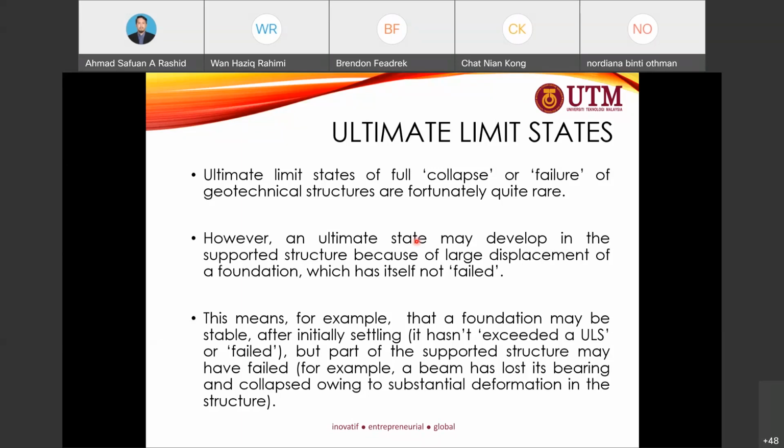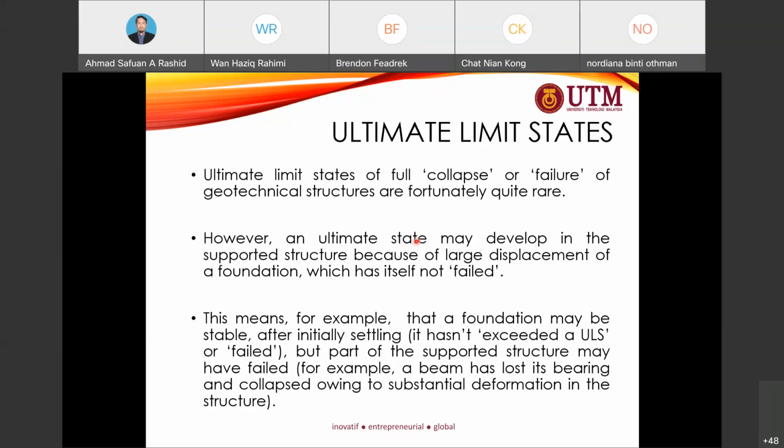For example, a beam has lost its bearing and collapsed owing to substantial deformation in the structure. So this is an example where we can consider the foundation safe after settling, but part of the structure may have failed.